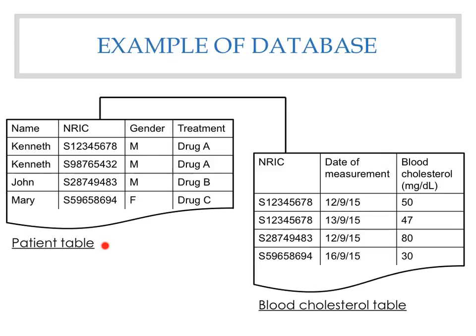If you take a look at the patient table, there are a number of fields: name, NRIC, gender, and treatment. Which field do you think is appropriate to be used as a primary key?